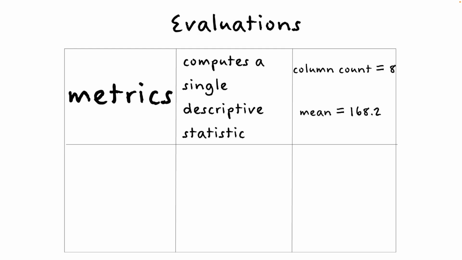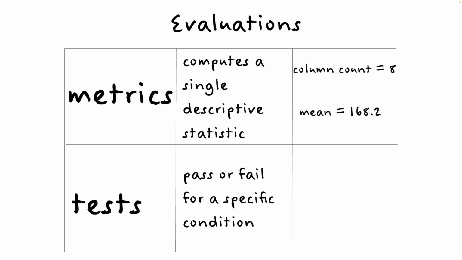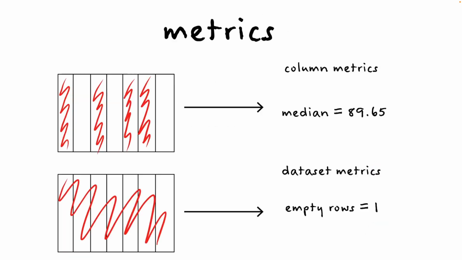Or the second type of evaluation you can have is a test. A test provides a pass or fail result for a specific condition. So if you test for drift, you can get a pass or a fail, or if you test for empty rows in your dataset, you can get a pass or fail result.